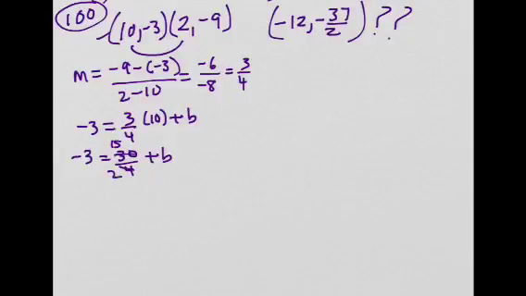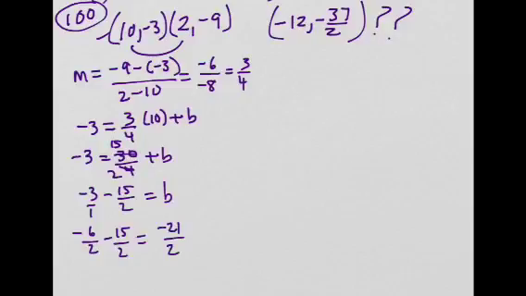I'm going to subtract 15 over 2 from both sides. So I get negative 3 minus 15 over 2 equals b. So this negative 3 over 1 is going to become negative 6 over 2 minus 15 over 2. So b is negative 21 over 2.